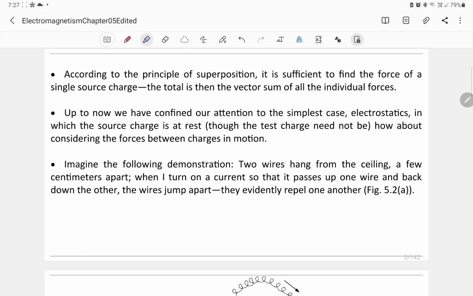But what happens if the charges are now moving with respect to the charge in consideration, or the test charge?